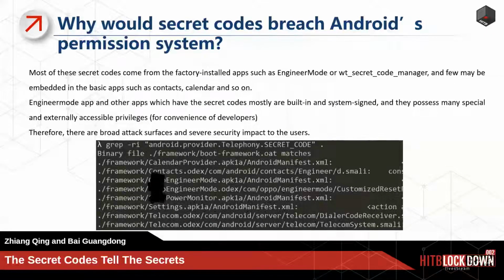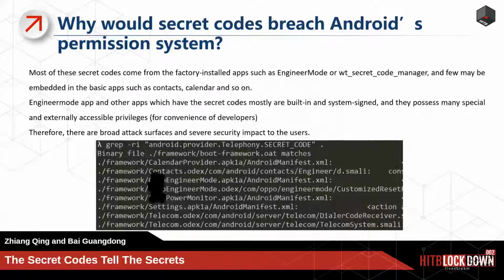The special thing about those applications is that they are either built-in or system-signed, which means they own very high privilege, different from normal applications. Basically, these are the applications with the highest privilege in the mobile phone.